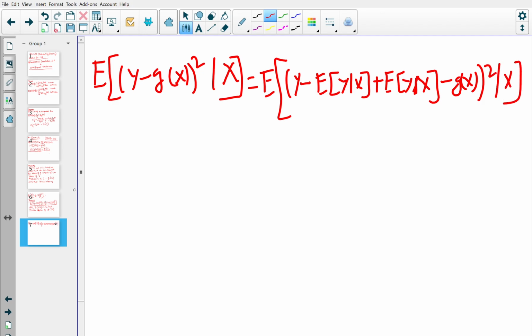This is a and this is b, so it becomes (a plus b) whole square, which is a square plus b square plus 2ab.